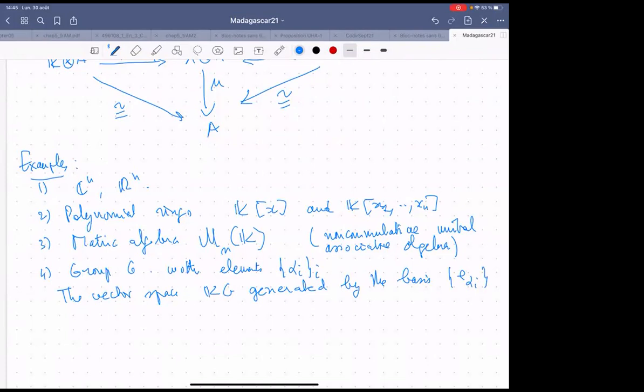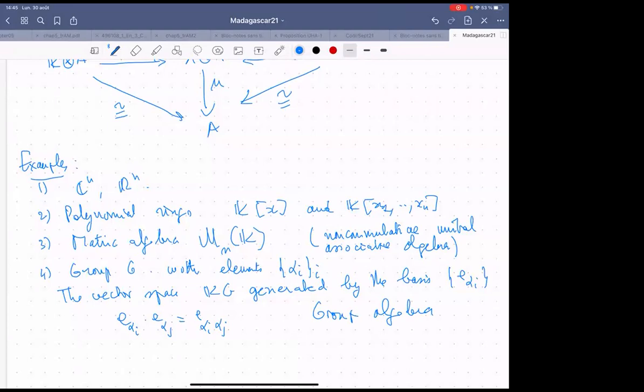And here we define a multiplication: e_alpha_i times e_alpha_j is e_(alpha_i alpha_j), where we are using the multiplication in the group. This is called the group algebra. Of course, the unit of your group, e_1, would be the unit of your algebra.